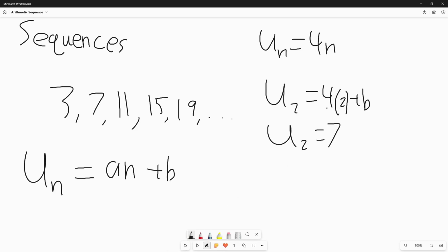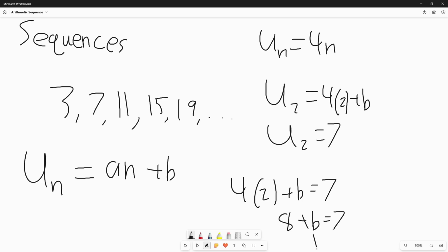And now we can just replace this u of 2 with 4 times 2 plus b because they're the same. 4 times 2 plus b equals 7. We have 8 plus b equals 7, which means b equals negative 1. So this is going to be our explicit formula for this sequence: 4n minus 1.